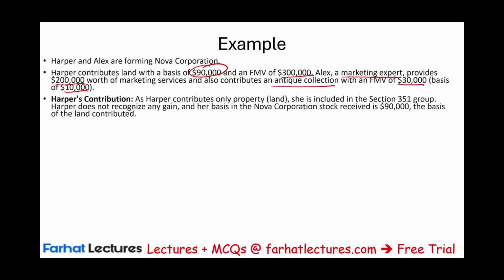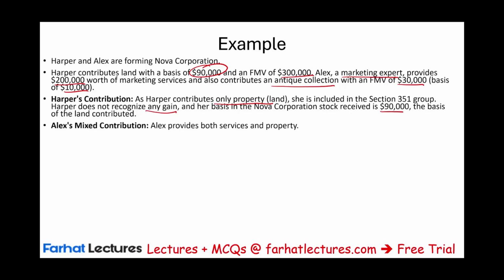Harper contributed only property, so she's included in Section 351. Harper does not recognize any gain. Why? Because it's Section 351, and her basis in Nova is $90,000, so there is no gain recognized.